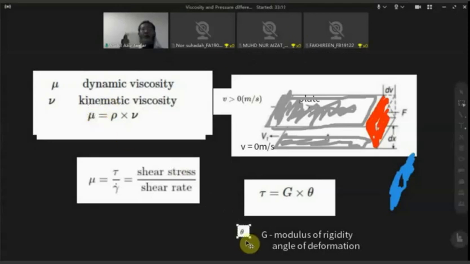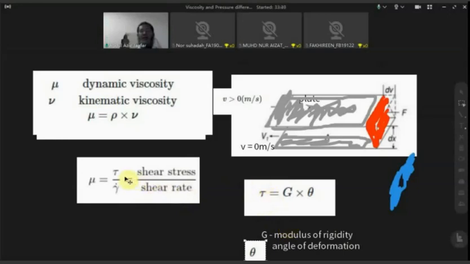So we expect the behavior of the fluid will be different. So the shear rate now is not given by the angular shape, but more like the rate of angular motion. So that rate of angular motion is called shear rate.